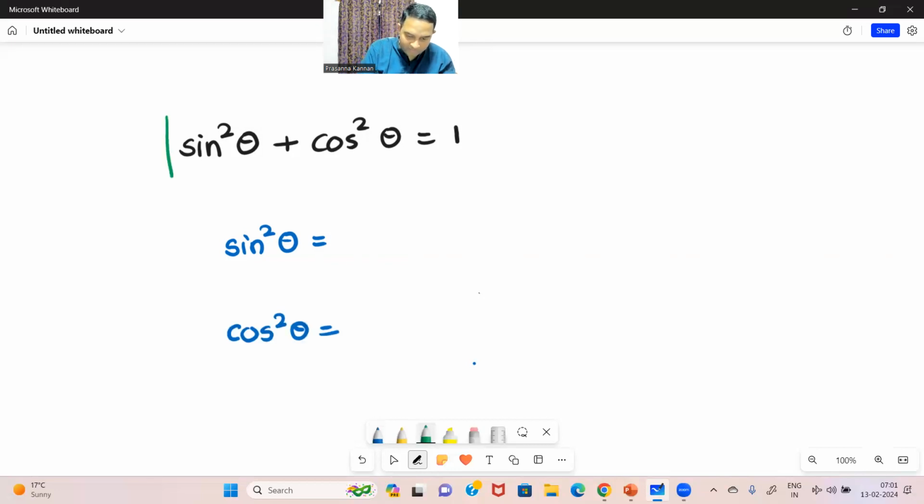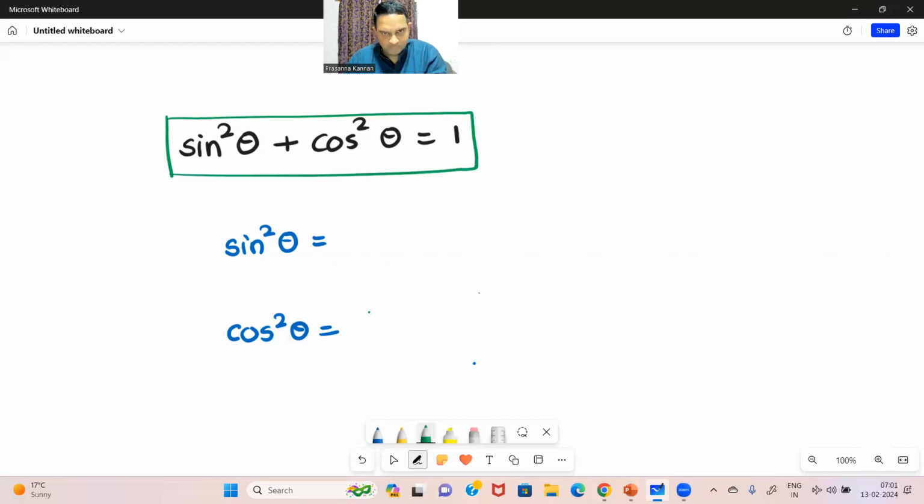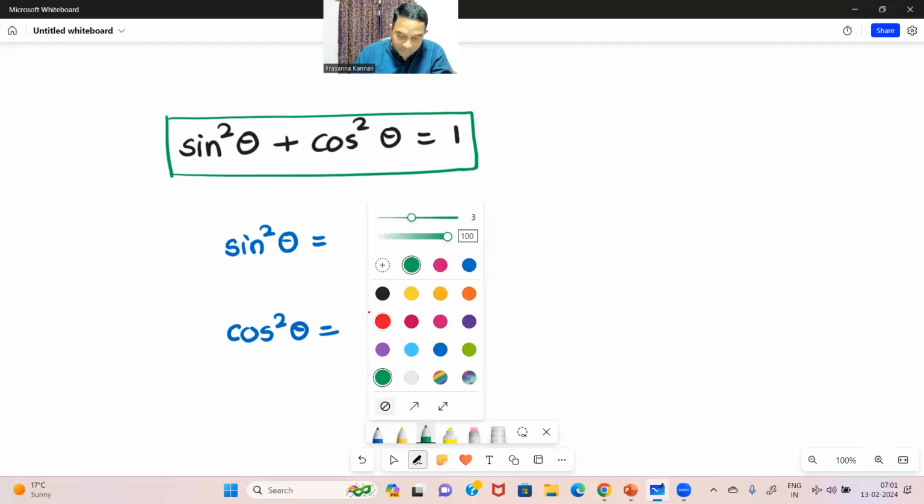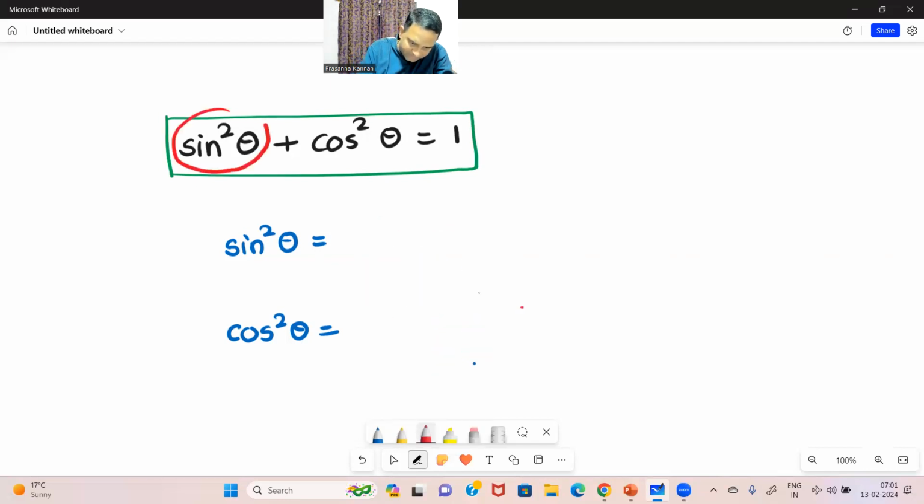Now what is this formula? Sine square theta plus cos square theta is equal to 1. Now I will keep sine square theta on this side. Can I take the cos square theta to the other side? Here it is plus; when it goes to the other side, it will become minus.